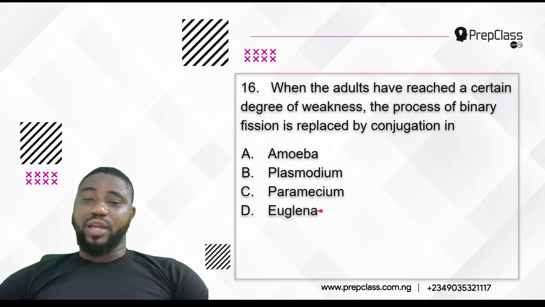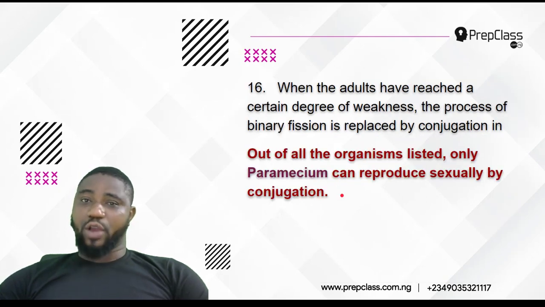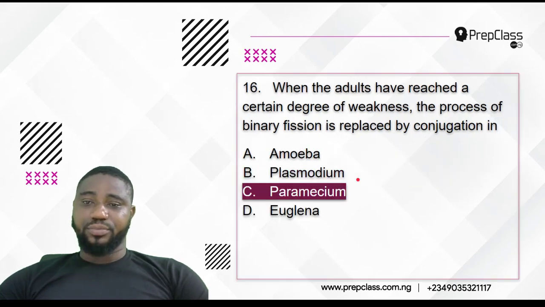Amoeba, Plasmodium, and Euglena reproduce by binary fission. Paramecium can reproduce asexually by binary fission, but if it wants to reproduce sexually, it does so by conjugation. So out of all the organisms listed, only Paramecium can reproduce sexually by conjugation. So the answer is Paramecium.